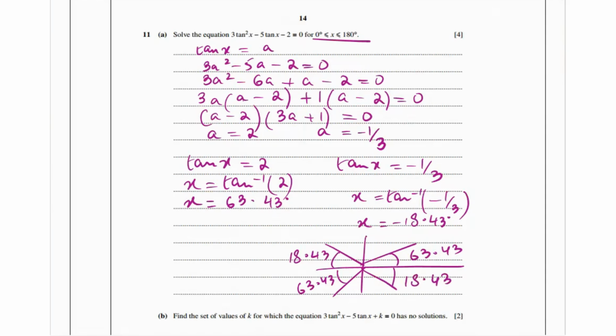So since our focus is from 0 to 180, our angles are going to be 63.43 and 180 minus 18.43, which is going to give us 161.57 degrees. These are your two angles for x.